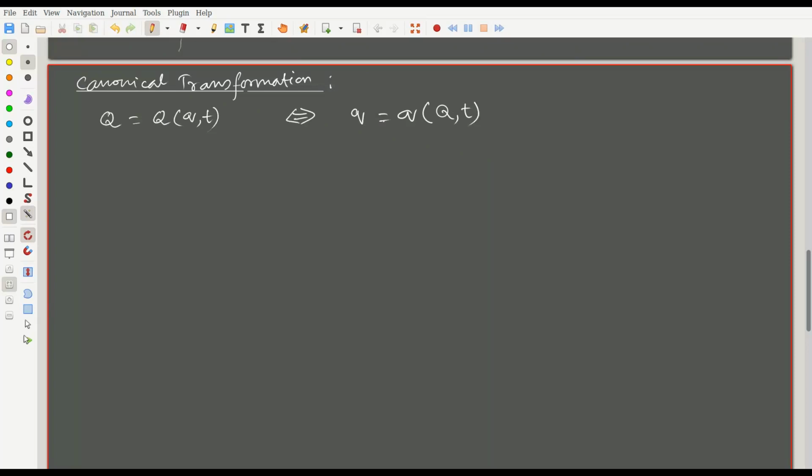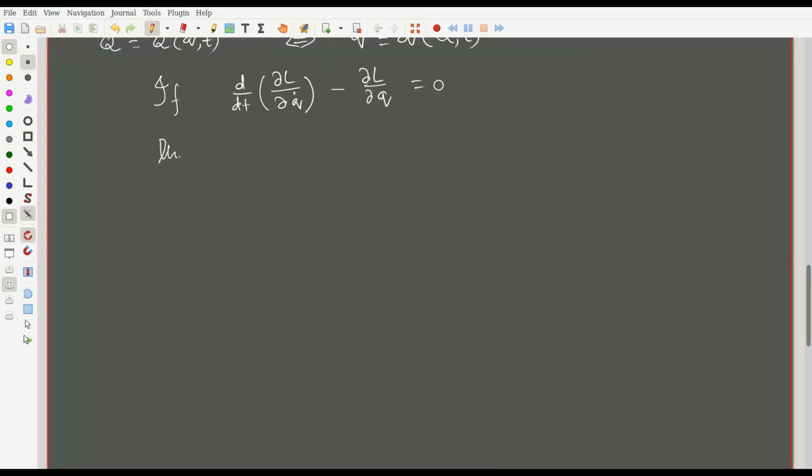Now if you do this transformation, and Lagrange's equation is satisfied in the old coordinate system, so d/dt of ∂L/∂q̇ minus ∂L/∂q equals 0, then you can also prove that it directly follows that d/dt of ∂L/∂Q̇ minus ∂L/∂Q equals 0.